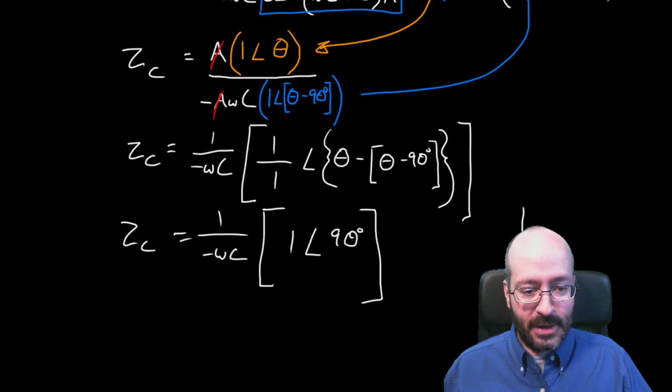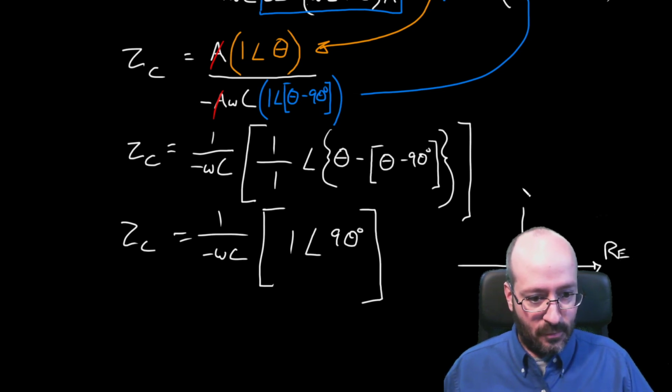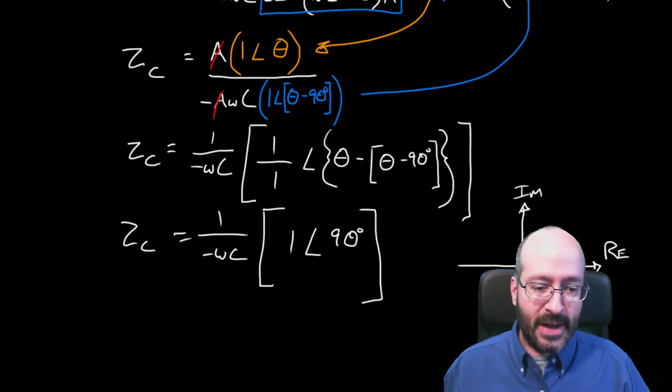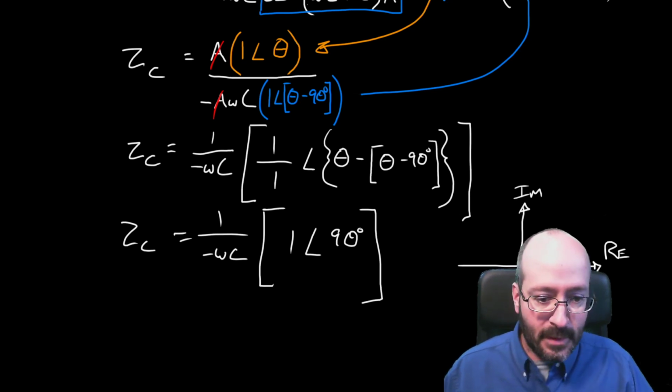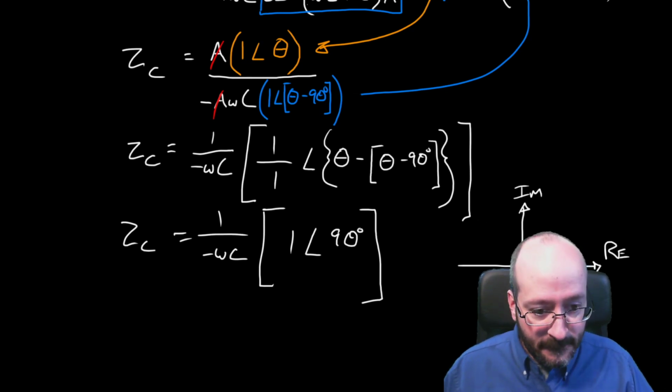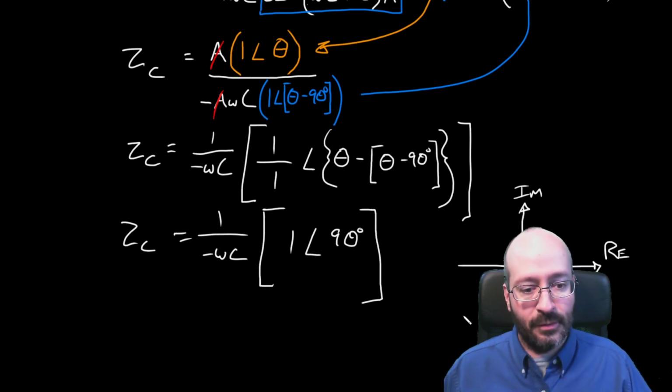So I want you to picture this. Thusly, real, imaginary, and 1 at an angle of 90 degrees. So it's going to be 90 degrees pointing straight up, and it's going to have a length of 1. Okay, so that's 90 degrees and a length of 1.